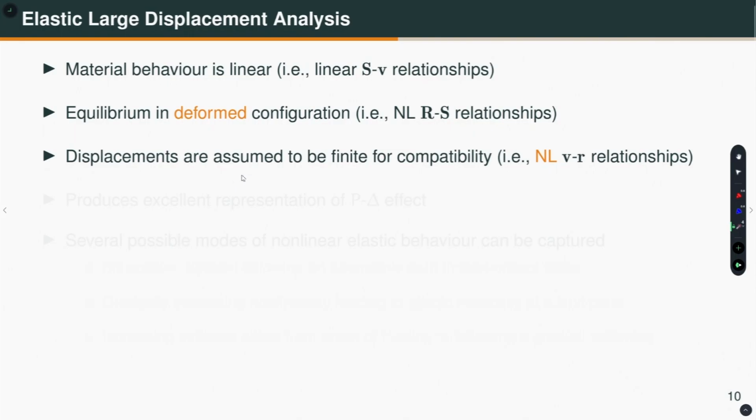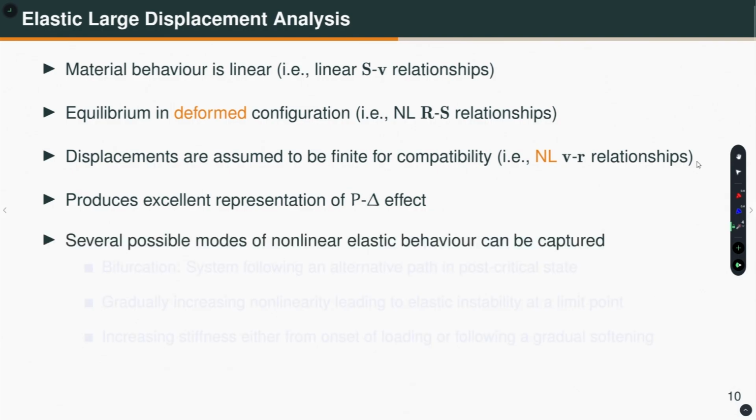Okay. Displacements are assumed to be now finite. They are not vanishingly small, but finite for compatibility. That means, I will be now considering nonlinear VR relationship. So, this produces excellent representation of the P delta effect, okay, and we can capture several modes of nonlinear elastic behavior.